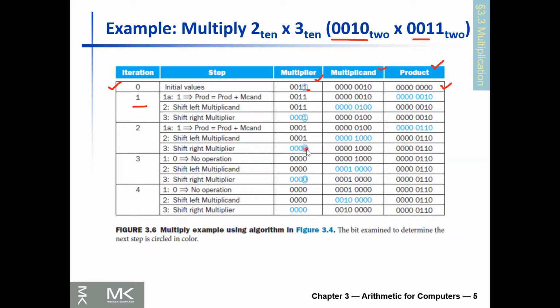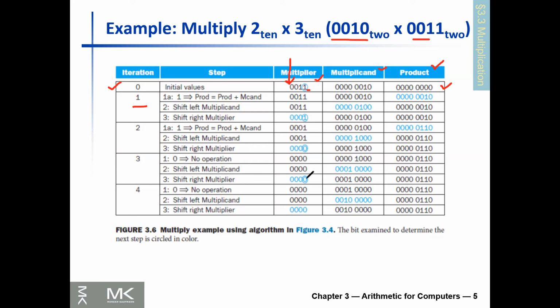And we have seen, as per the flow chart, that if this is 0, we don't need to update the product, but we need to shift the multiplicand left. That's why there is no update in the product, but the multiplicand will shift, then shift the multiplier right again and again, because it has become 0.